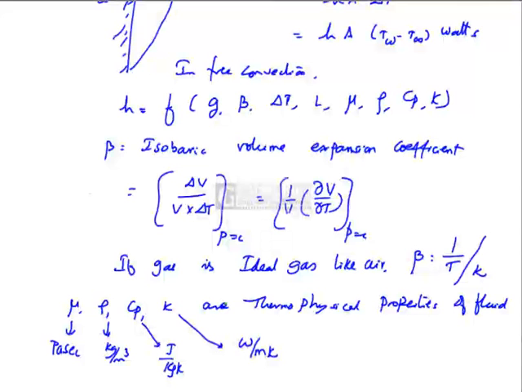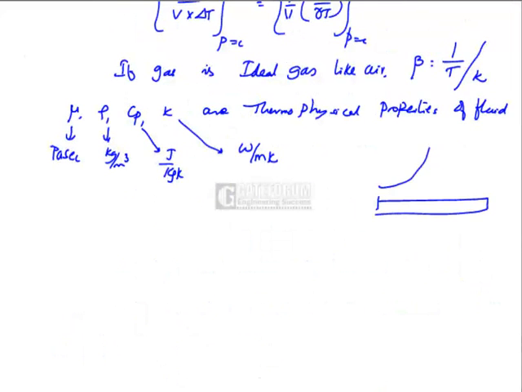If it is a hot horizontal plate like this, where the fluid will be moving, in this case the length of the plate becomes the characteristic dimension. So, based on the shape of the body, the characteristic dimension L or D would change.